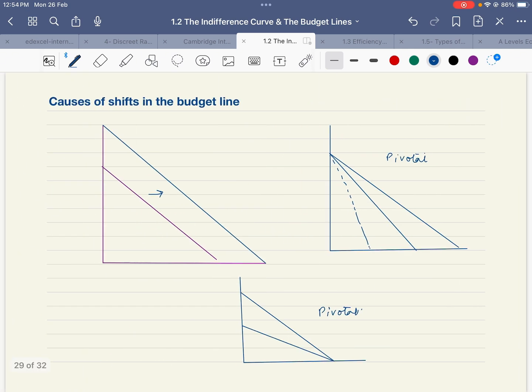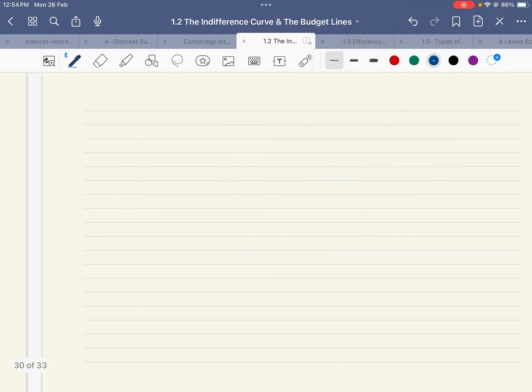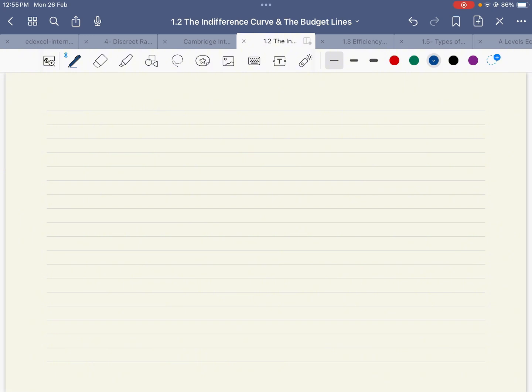Why does it shift? Let's have a look at it. We have cases. Same income, change in price of one good.